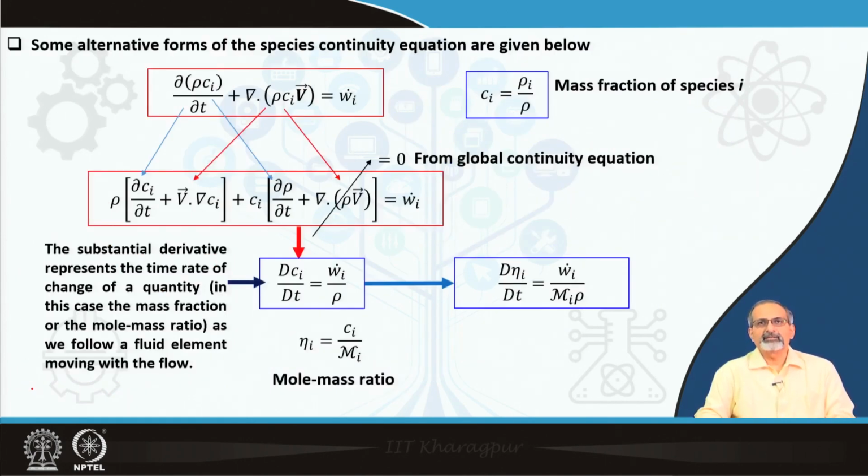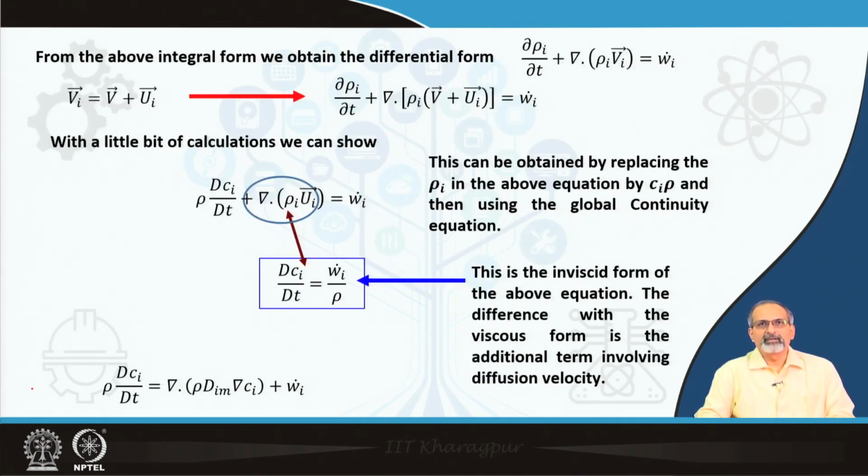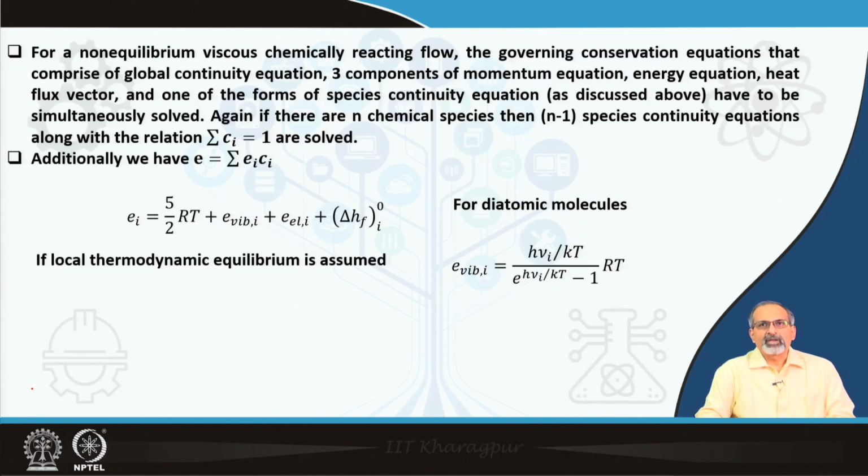We had then looked at the species continuity equation in its different forms, both in terms of the substantial derivative and otherwise, and also considering the mass fraction and the mole mass ratio. Then we moved on to including the species concentration equation, and then we looked at the condition of the energy for local thermodynamic equilibrium.